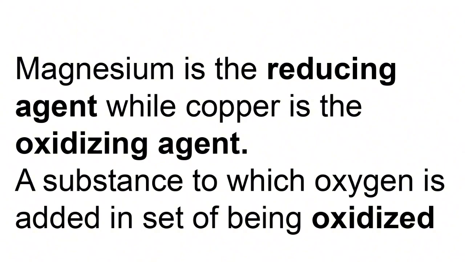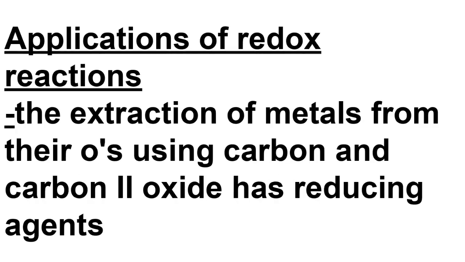Now, a substance to which oxygen is added is said to be oxidized, while a substance from which oxygen is removed is said to be reduced. Applications of redox reactions. They are applicable in the extraction of metals from their ores using carbon and carbon(II) oxide as the reducing agents.